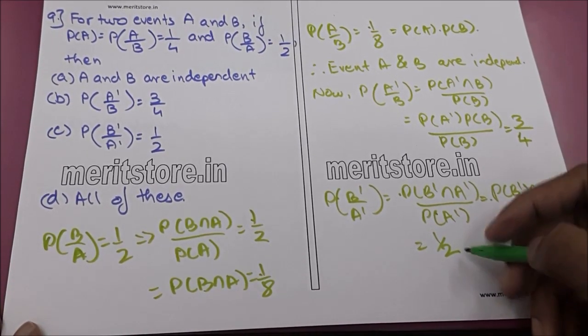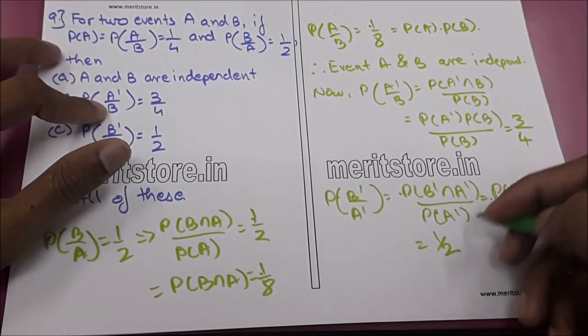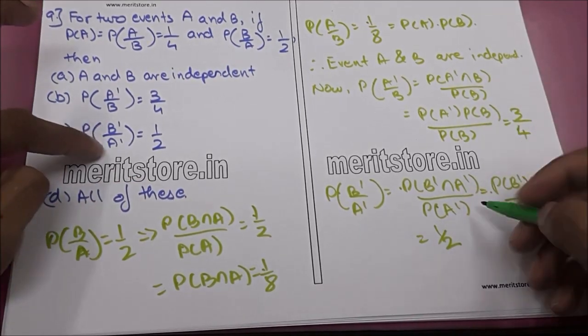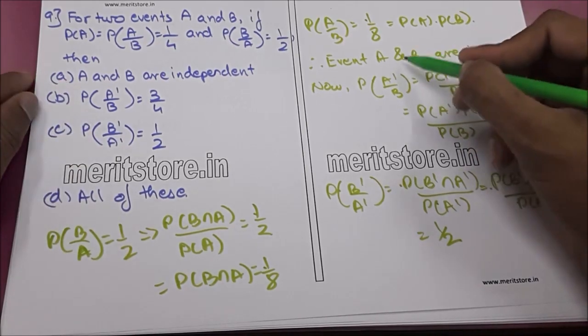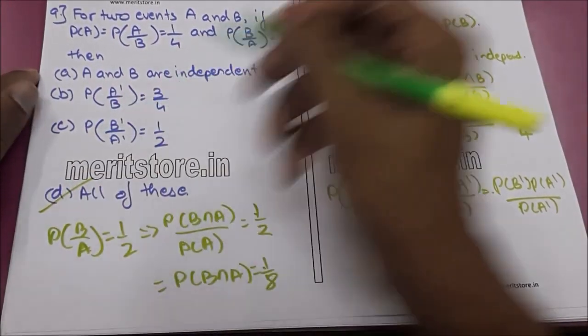So we can say that A complement given B we get as 3 by 4, that is correct. For B complement given A complement we get 1 by 2, that is even correct. Even we see that A and B are independent, so option D is the correct answer, that is all of this.